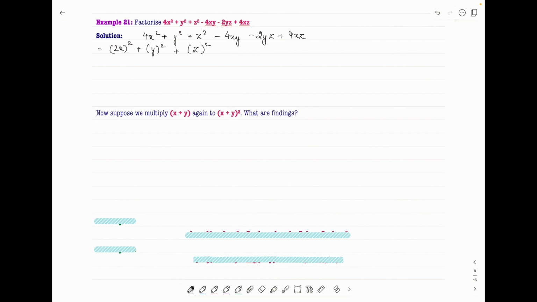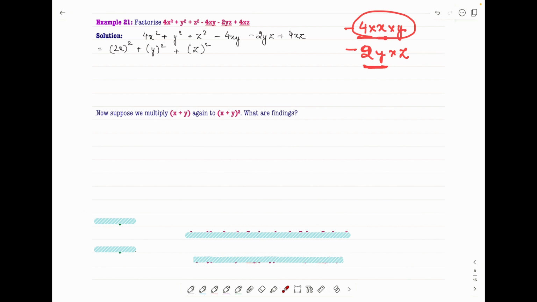Now you see, there are two minus signs here: minus 4xy and minus 2yz. The common term in both of these is y. 4 into x into y is negative, and 2 into y into z is also negative.